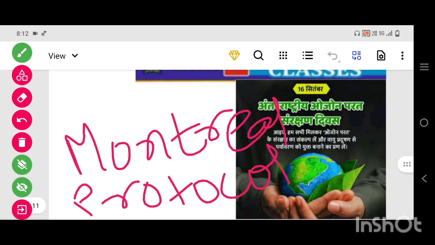Recovery will occur as the ozone depleting substances and reactive halogens present in abundance in the stratosphere decline.